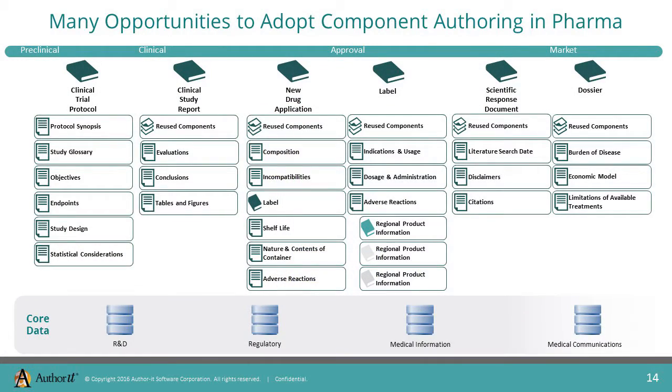The same paradigm that we see in the high-tech industry, we brought it to pharma. And as you can see in this slide, right from preclinical to clinical through commercialization, there are opportunities for reuse, right? So reuse in the upstream processes, let's say, for example, in preclinical, if implemented correctly, can be realized in downstream benefits as well.